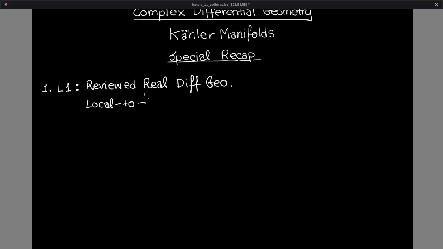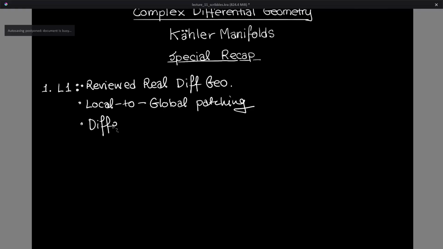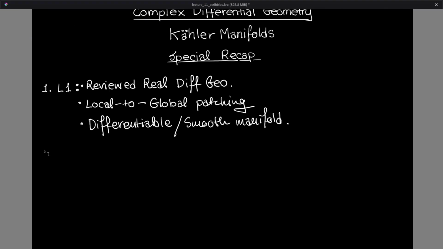We patched together the coordinate charts to form the atlas, right? And in no small part, we also defined differentiable and smooth manifolds. And we've been using differentiable and smooth manifolds this entire time. So we have been using things from lecture one. And the only reason is that smooth manifolds don't require you to be complex. So that was lecture one.